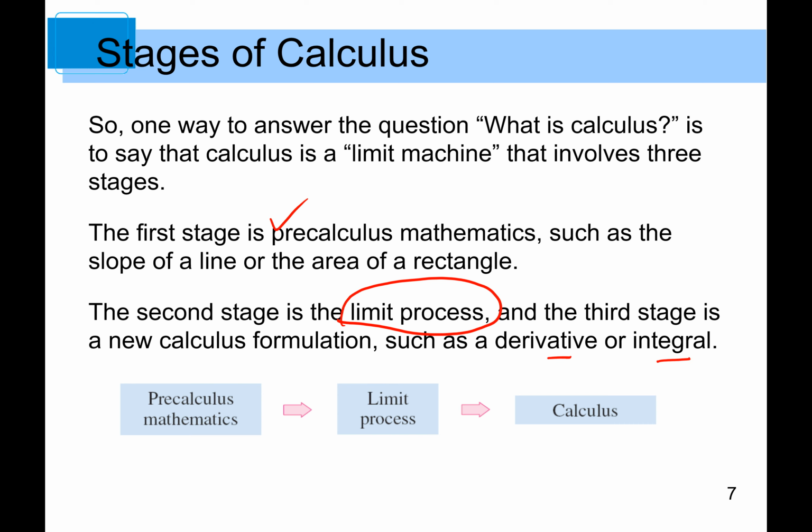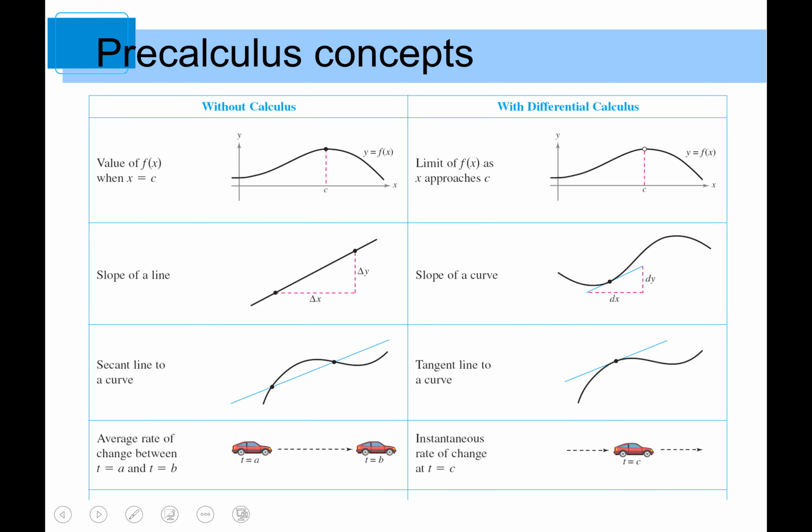So start with precalculus as a foundation, then you move on to the limit process. Then after that, you come up with calculus. This flowchart gives you a very good idea of the relationship between precalculus, limit, and calculus.